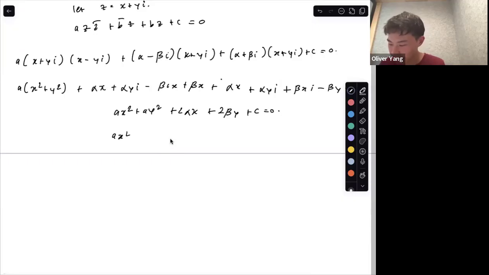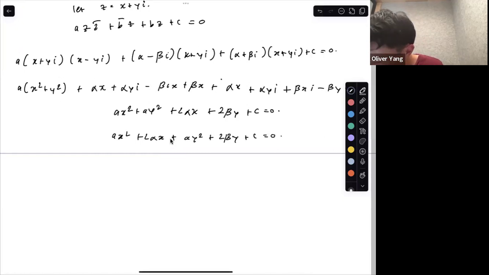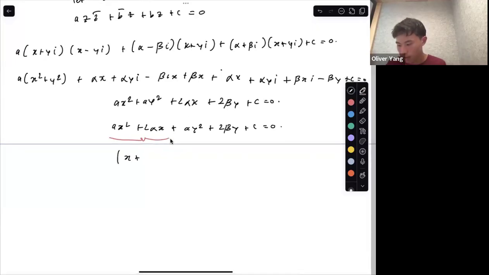So let's put our x terms together, plus a y squared plus 2 beta y plus c equals 0. Okay, and then we can make this into x plus alpha divided by a.